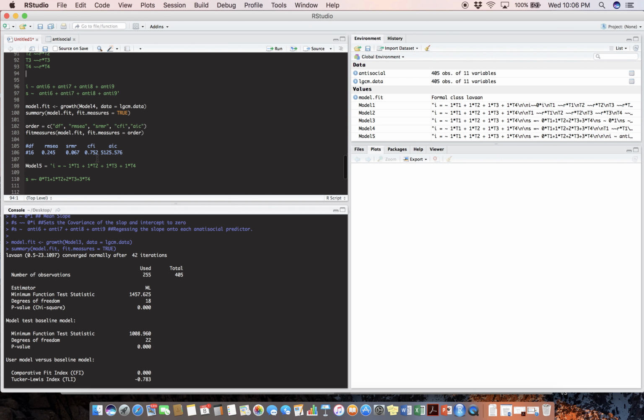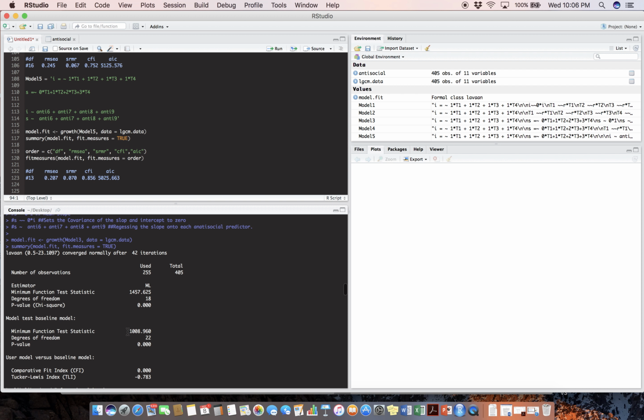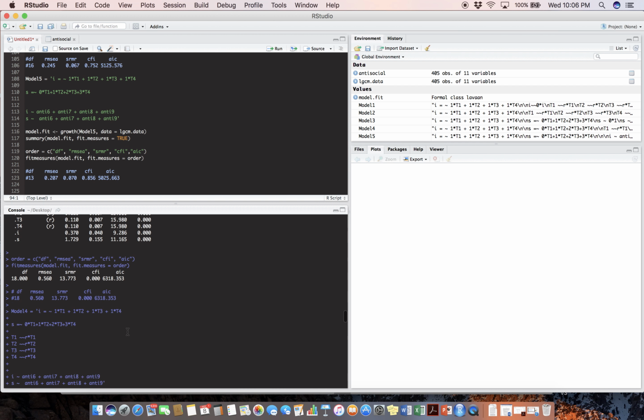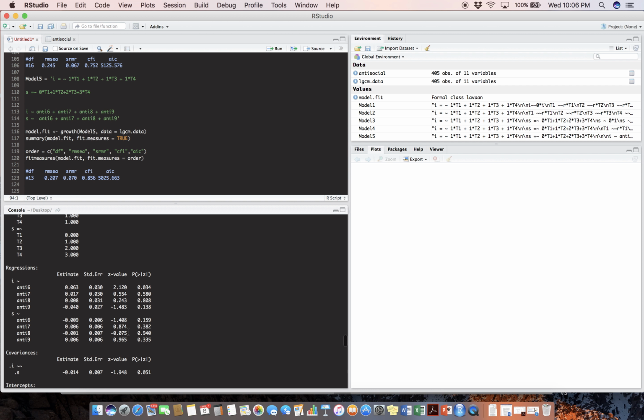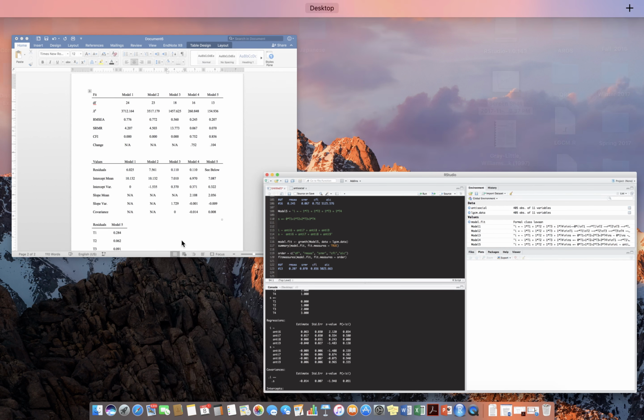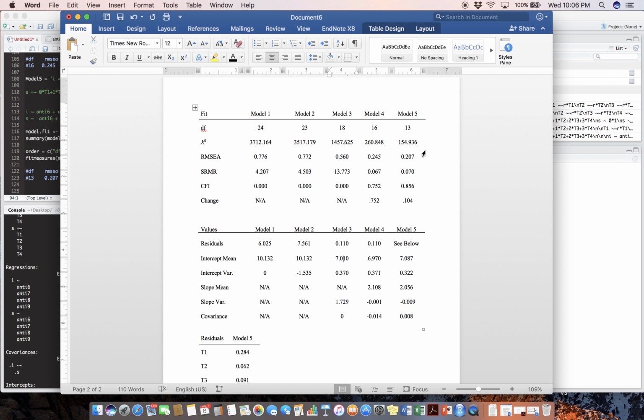So now, with our last model, we're looking at our free model. So this is our unconstrained model. Now we're seeing that once we remove all the constraints, how well does our model fit? And is that model significantly different than our previous models, specifically the one before?